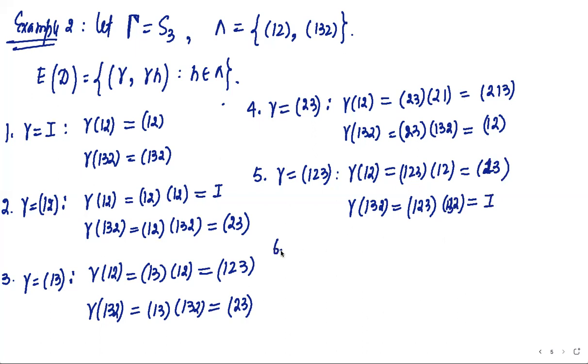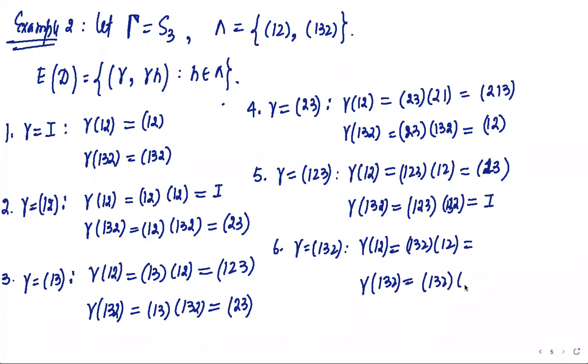Now the sixth one, if gamma is equal to (1 3 2), then we have to compute gamma (1 2) and gamma (1 3 2). Now gamma is equal to (1 3 2), so (1 3 2)(1 2) and (1 3 2)(1 3 2).